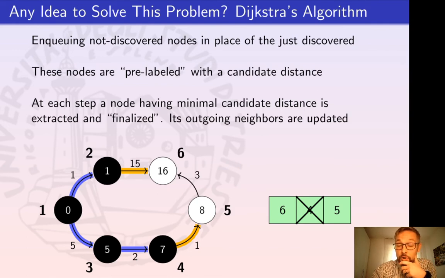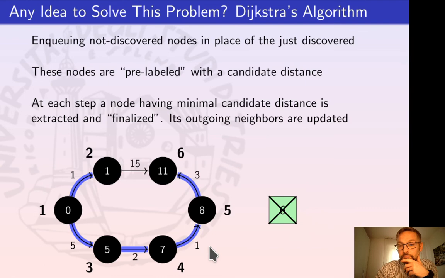Once they are the smallest among all the possible candidate distances, we are guaranteed that that distance is the correct one, because any possible path moving to it along non-finalized nodes for sure would be greater than the one we have just discovered, and that's it.